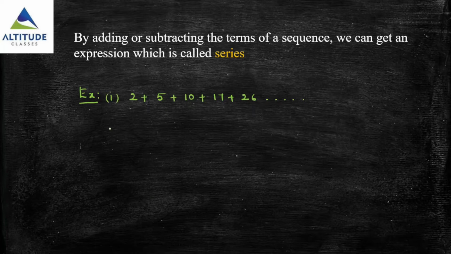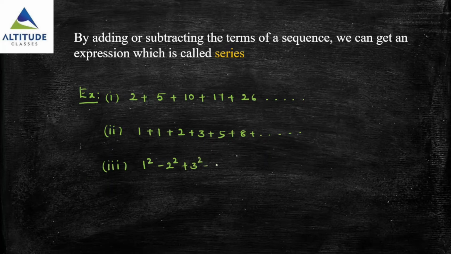Example number 1. Example number 2. 1 plus 1 plus 2 plus 3 plus 5 plus 8 plus so on. We are again adding the terms of a sequence. Third, 1 square minus 2 square plus 3 square minus 4 square plus 5 square minus 6 square plus so on.